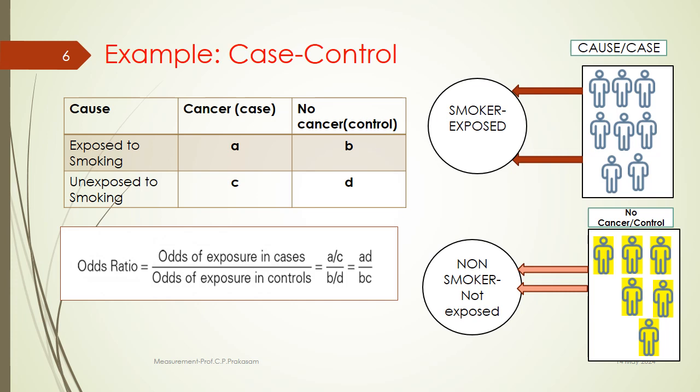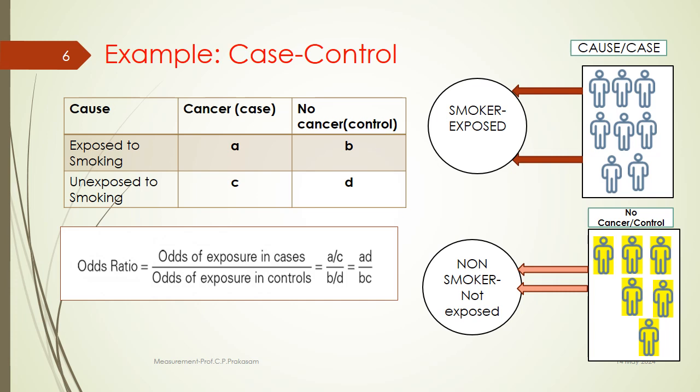Similarly, from that we get the unexposed to smoking, and we will have A, B, C, D in a dichotomous table. Then we have to find out what are the odds contributed to the cancer disease by exposure to smoking.